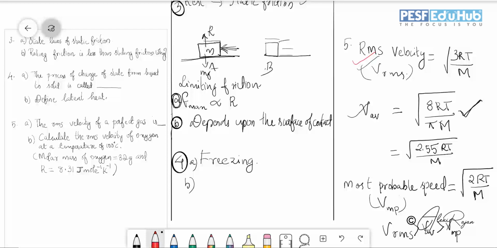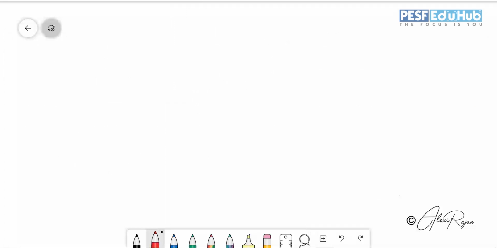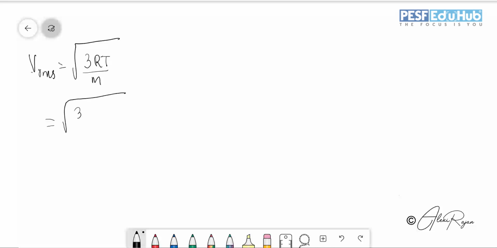So VRMS is equal to root 3RT by M, where 3 into R into temperature, 100 degrees Celsius, so 100 plus 273, that is 373, divided by M, that is 32 grams, so 32 into 10 raised to minus 3.